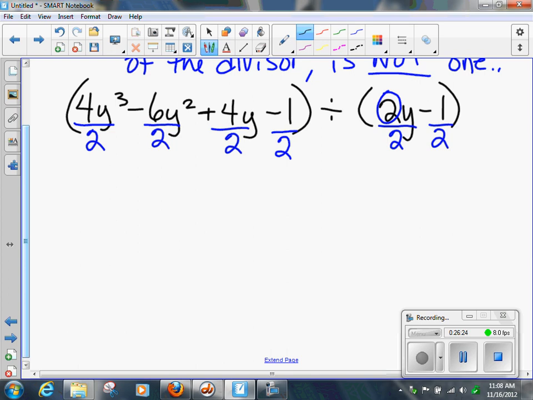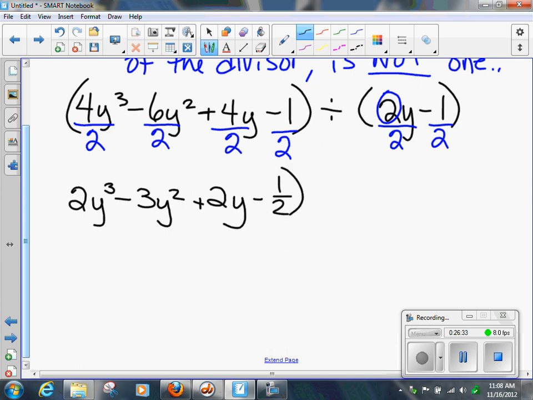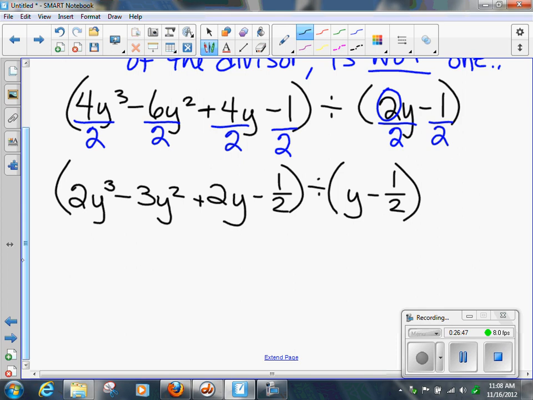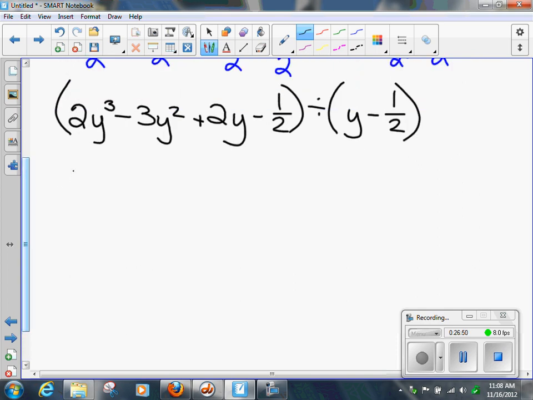So let's rewrite. All we did was divide every single term by the leading coefficient of the divisor. This gives us 2y cubed minus 3y squared plus 2y minus 1/2, divided by y minus 1/2. What goes in the box? 1/2.